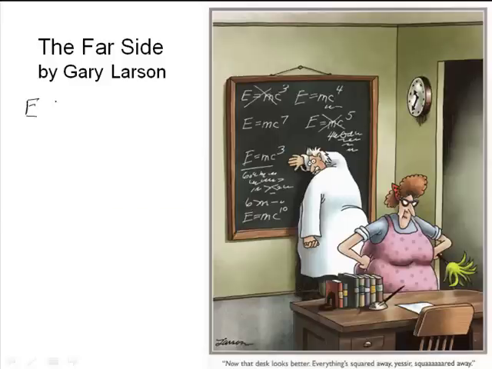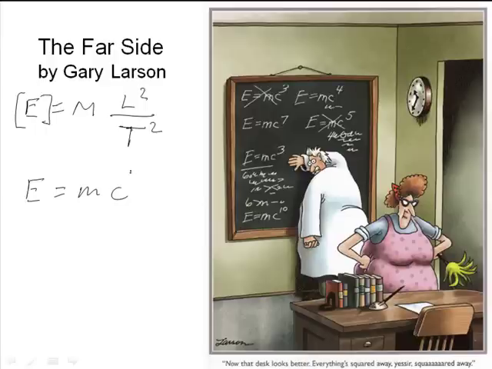Energy has units, or dimensions. Dimensions of energy are mass, length squared, over time squared. Mass, length squared over time squared. Well, if E equals mc to some power, well, mass is a mass, and c is a speed, which means it has dimensions of length over time.